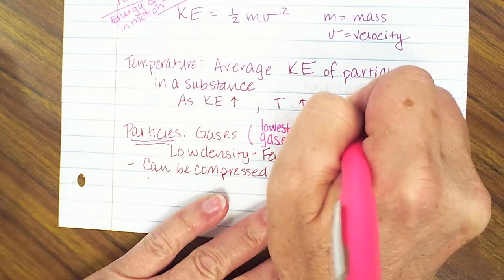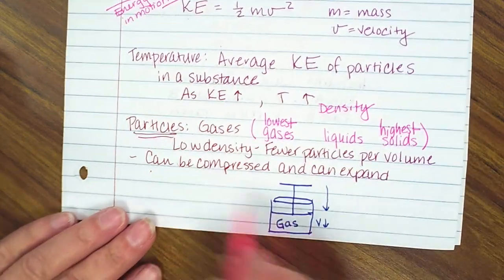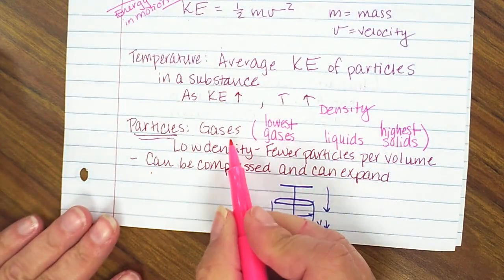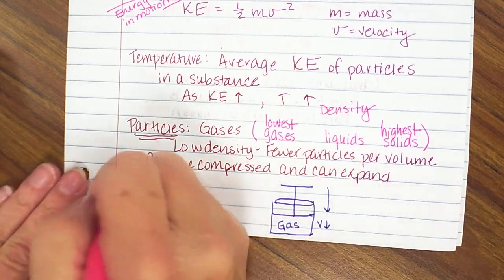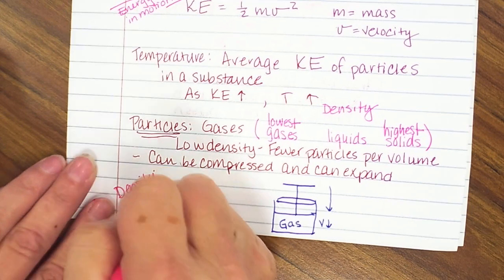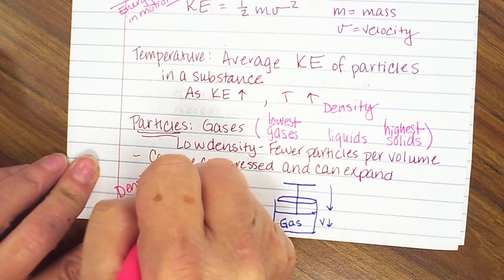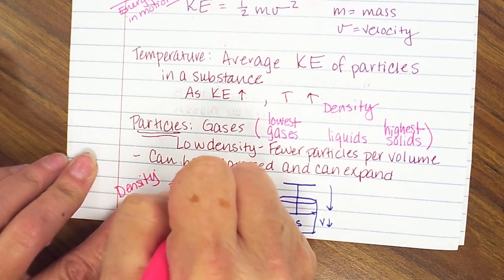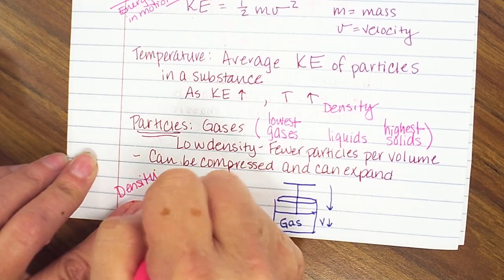So this is density. And so when we talk about this density of gases, we talk about defining density in two ways. The first is defined as particles per volume.